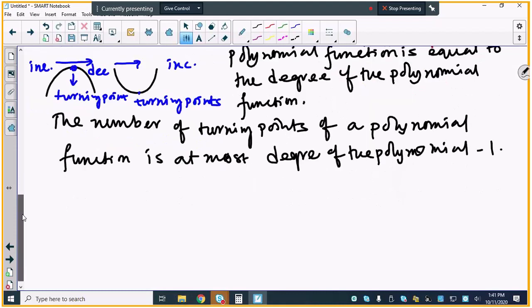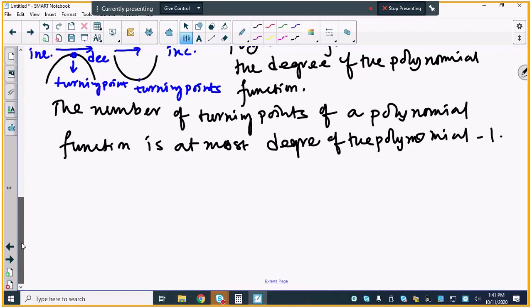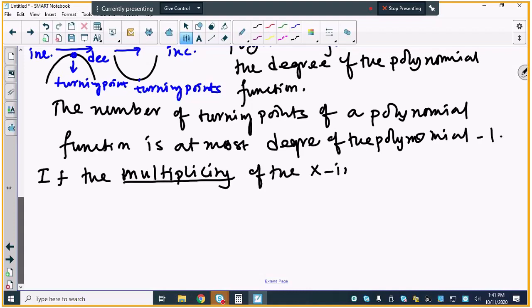Also, the x-intercepts are going to give us a little more information. So we'll say, if the degree of the x-intercept, which I'm going to call by a new name, the word multiplicity, so if the multiplicity of the x-intercept, it's the point where the graph is crossing or touching the x-axis, is even.